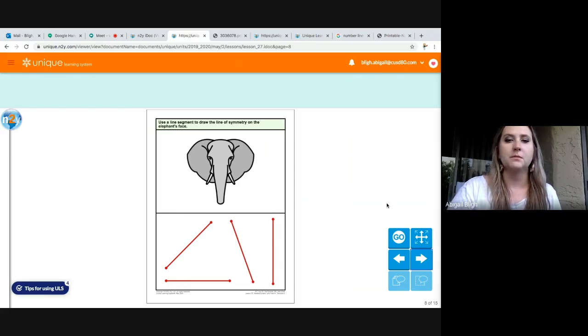I should have mentioned this in the beginning, you can cut these out. If you have the lines, you can cut them out and glue them onto the animal's face, or you can just draw the line where it's supposed to go. All right, if you chose this one, you are correct.